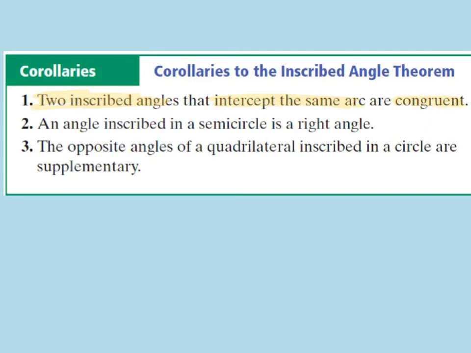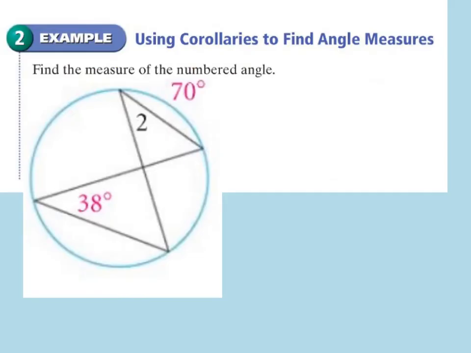The next says an angle inscribed in a semicircle is a right angle. And then the last corollary says the opposite angles of a quadrilateral inscribed in a circle are supplementary. And we'll talk about how these examples come up in the next couple of problems.